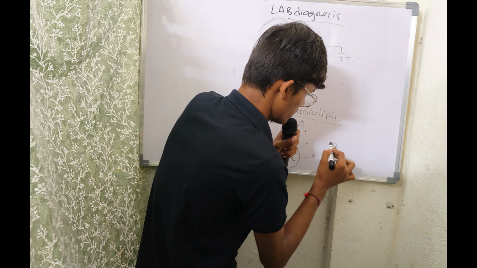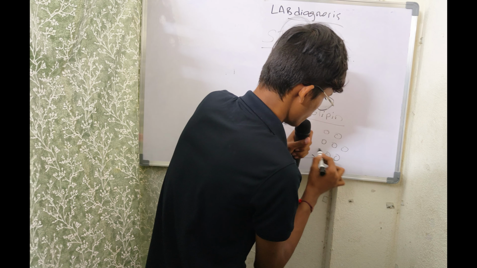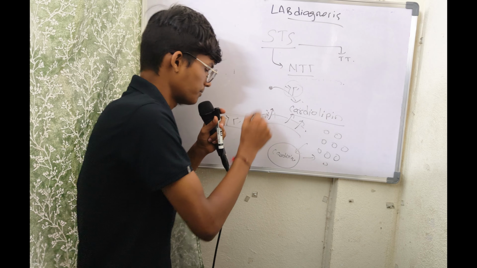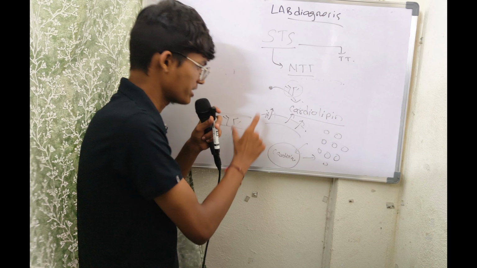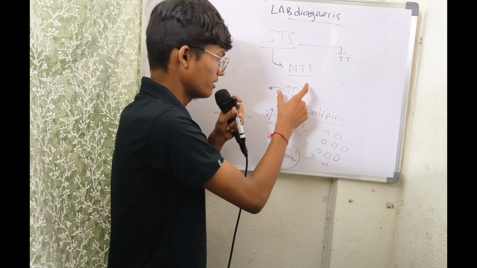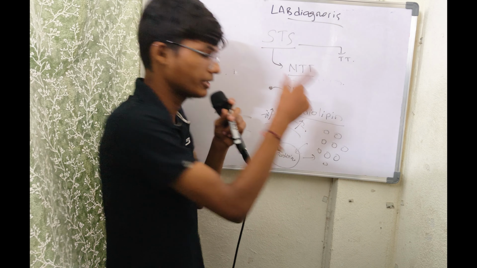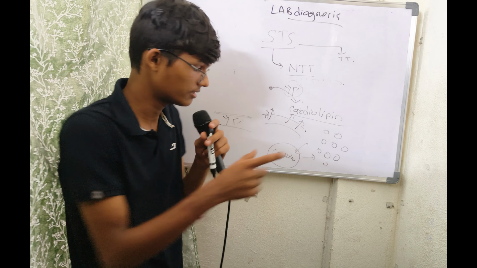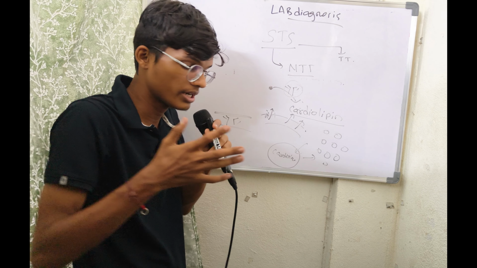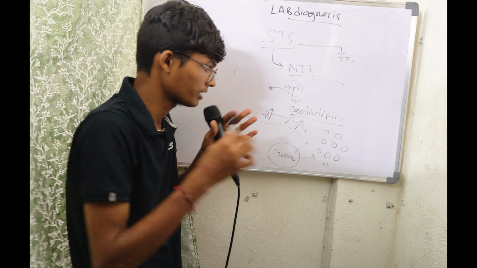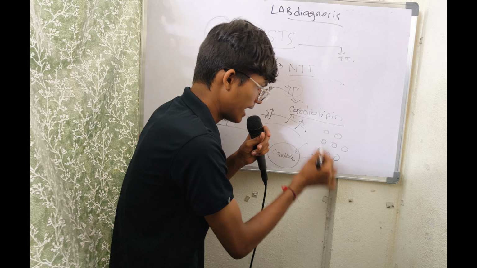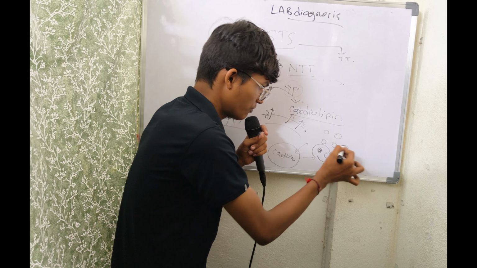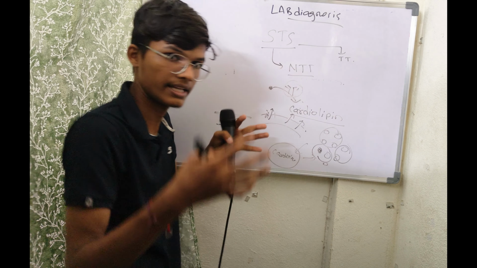There will be floccule formation. The antibodies against cardiolipin in the patient's blood will catch the cardiolipin antigen like this and form clumps.